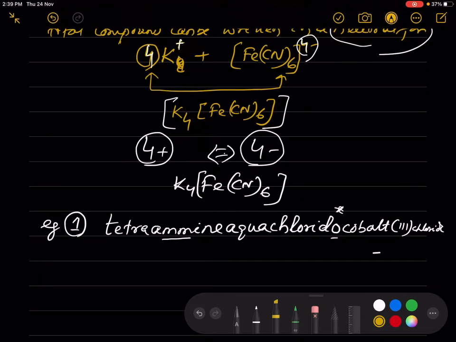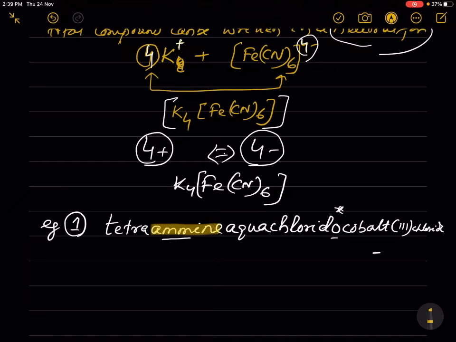This is tetra, then amine, then aqua, then chlorido, then cobalt(III) chloride.